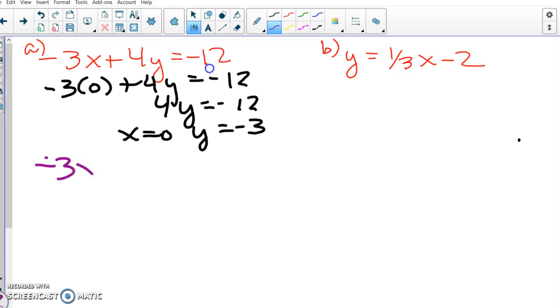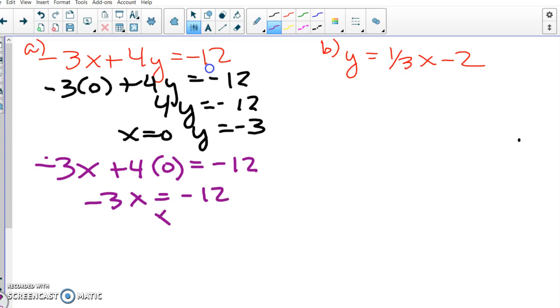So negative 3x plus 4 times 0 is equal to negative 12. Negative 3x equals negative 12. x equals 4, dividing both sides by negative 3. When y is 0, x is 4.